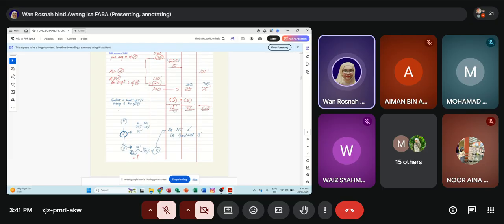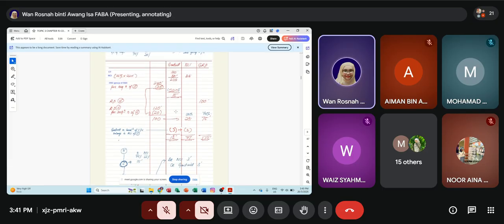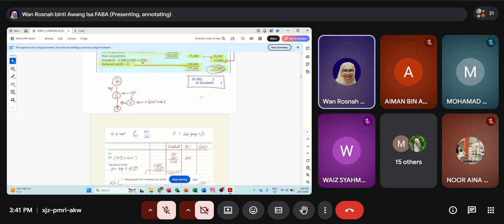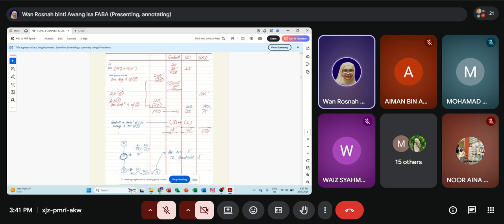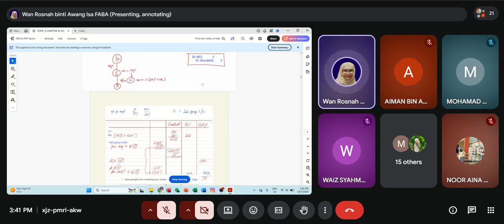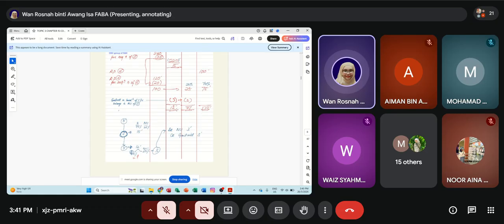Hopefully you may understand that. Include it with the 50,000. So basically you have to remove from NCI and goodwill. So you debit NCI, credit goodwill. So this is a total group NCI, group retained profit, and goodwill.